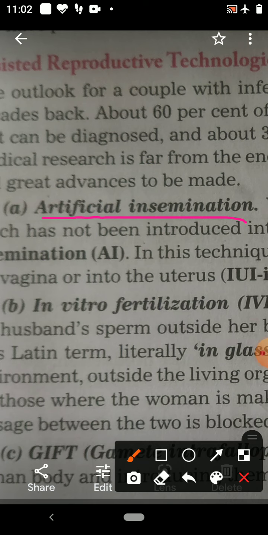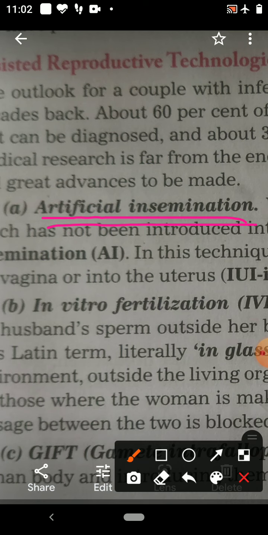So, semen is artificially introduced with a syringe either into the vagina or into the uterus, then it is called artificial insemination, or it is intrauterine insemination. If it is deposited in the uterus, then it is called intrauterine insemination.